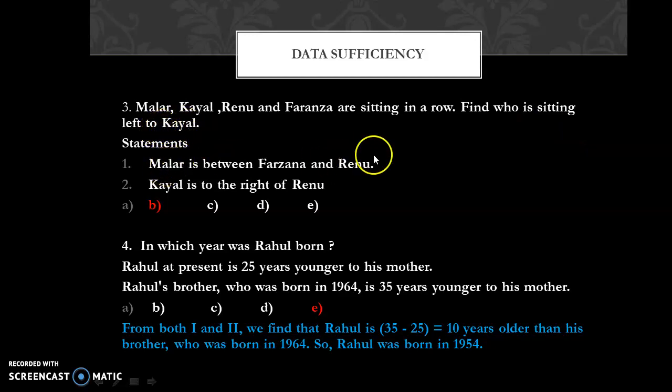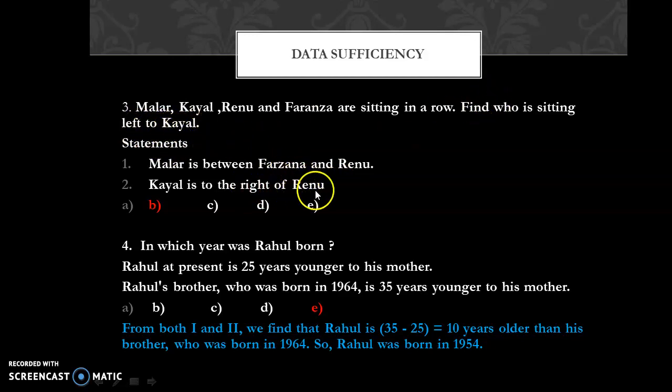So the first statement is immaterial, it's not valid. Kayal's name is not coming in this particular statement, so that's not needed. Then the second statement mentions that Kayal is to the right of Renu. Kayal is to the right of Renu and we need to find who is sitting left to Kayal.